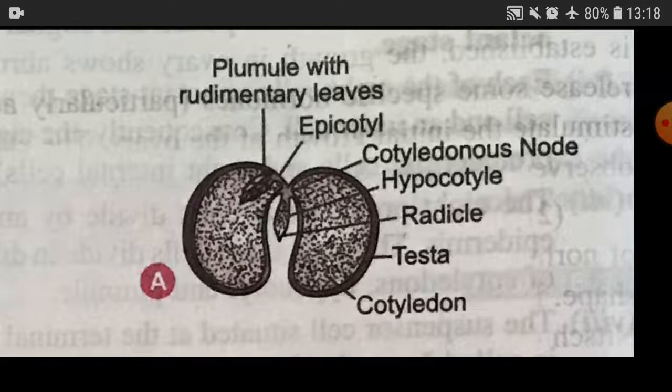Occasionally in some seeds such as black pepper and beet, remnants of nucellus are also persistent. This residual persistent nucellus is known as perisperm. Remember the term, please.